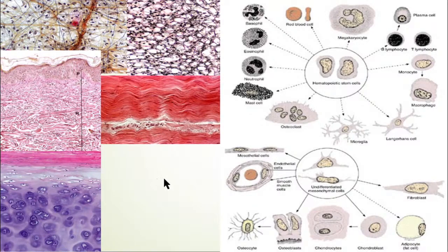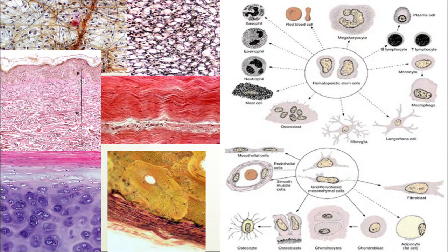Also very important is the role of cartilage in the human organism, in the skeleton, and of course bone. But all these tissues arise from mesenchyme. These are mesenchymal derivatives.